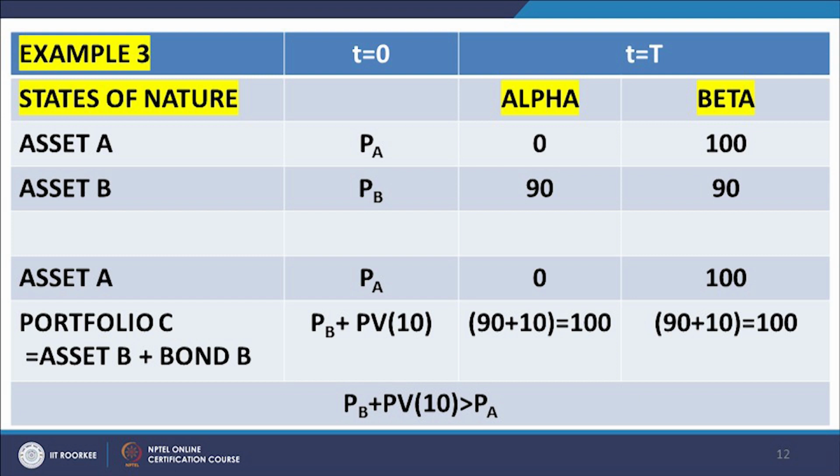So, overall, whatever be the relative probabilities of alpha and beta, except of course alpha having 0 probability, which we ignore, we find that portfolio C is superior to portfolio A, and therefore, the price of portfolio C must be greater than the price of portfolio A. Therefore, we arrive at this relationship: price of portfolio C, that is P B plus present value of 10, is greater than P A. So, by use of arbitrage considerations, we have been able to set an upper bound for P A in terms of P B and a lower bound for P B in terms of P A.